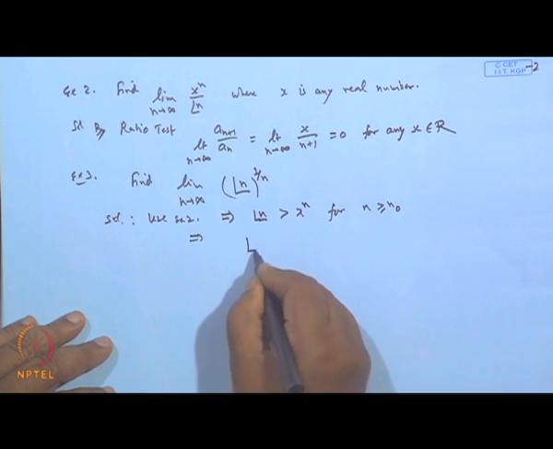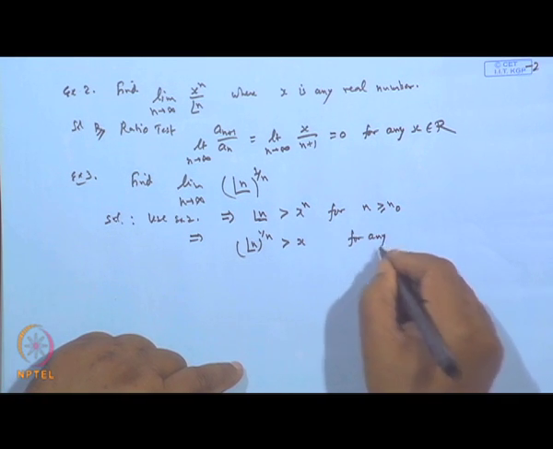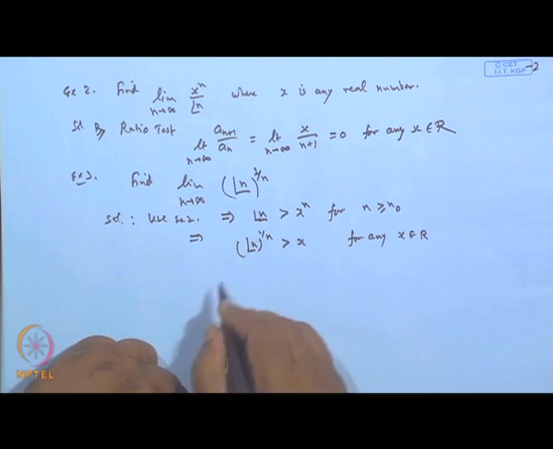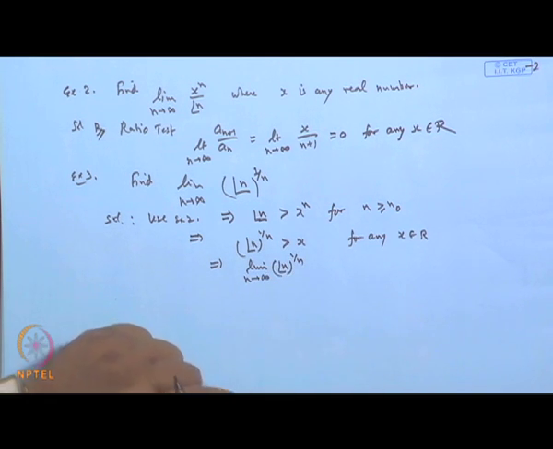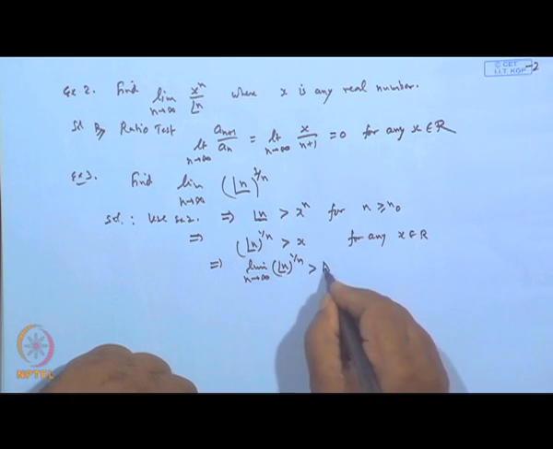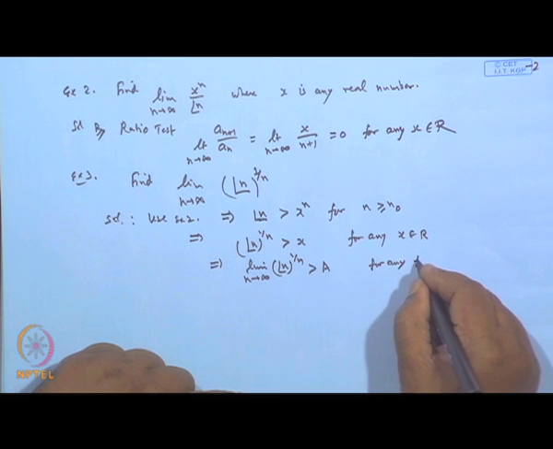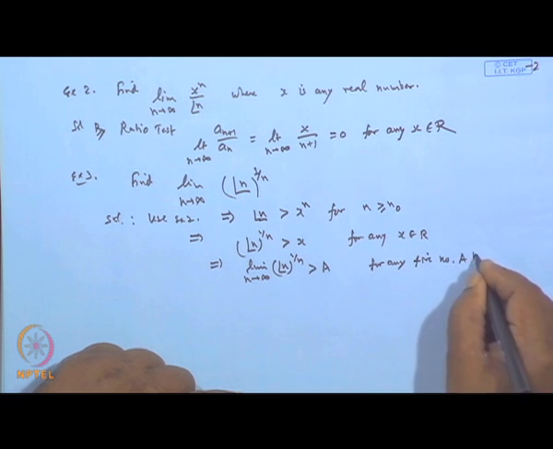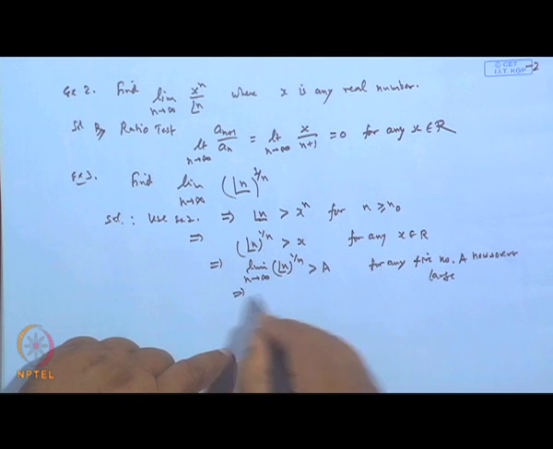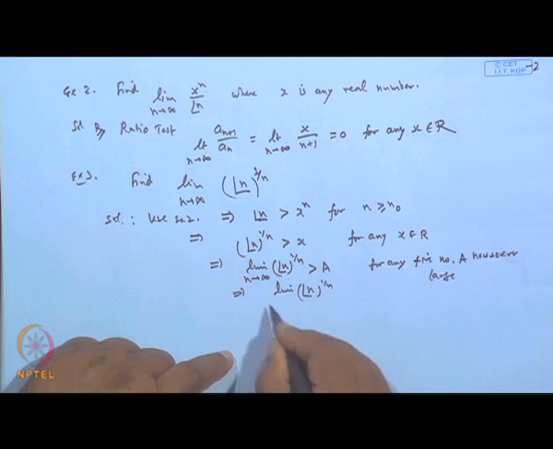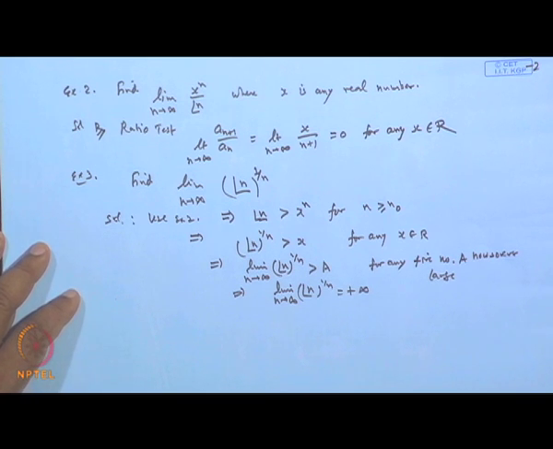Therefore, factorial n to the power 1 by n will be greater than x, and this is true for any x belonging to R. It means the limit of factorial n to the power 1 by n as n tends to infinity will exceed any positive number a, howsoever large, and this is only possible if the limit is infinity. So, it follows from this.